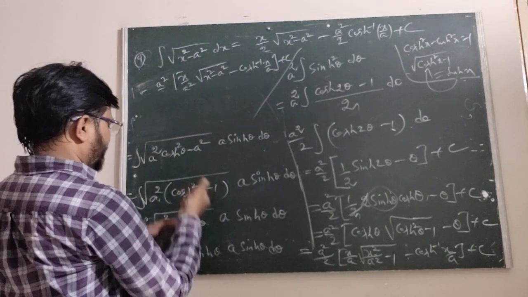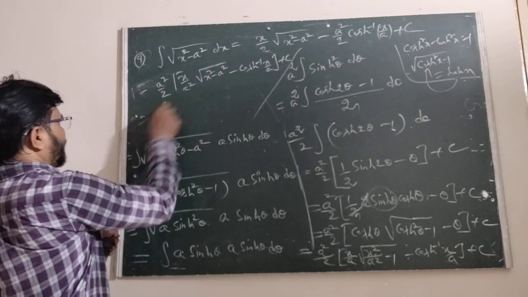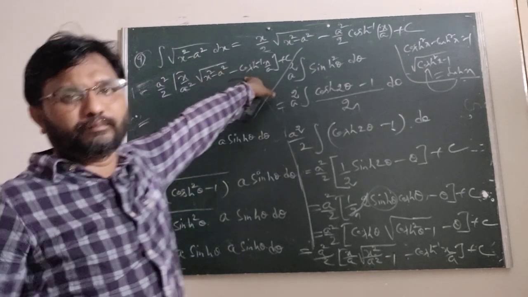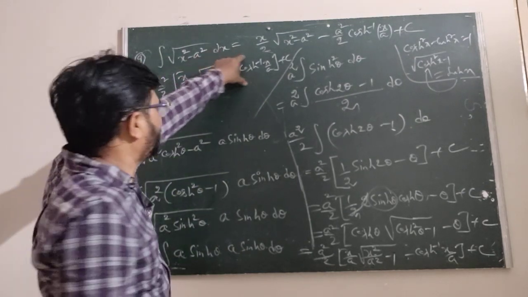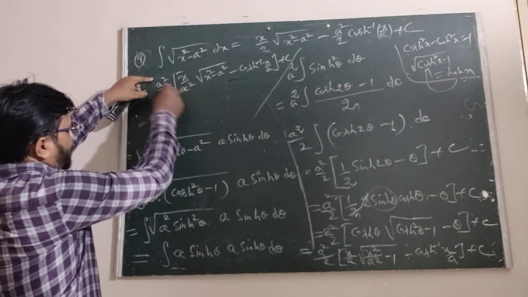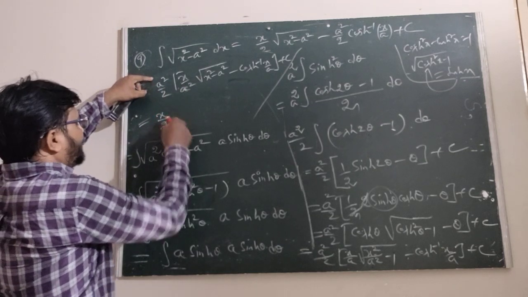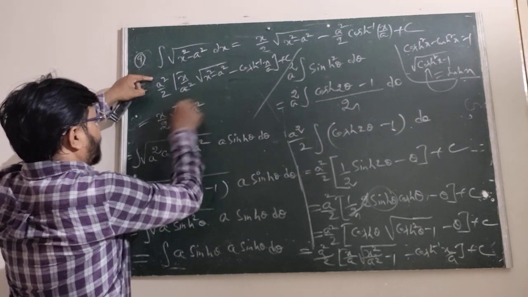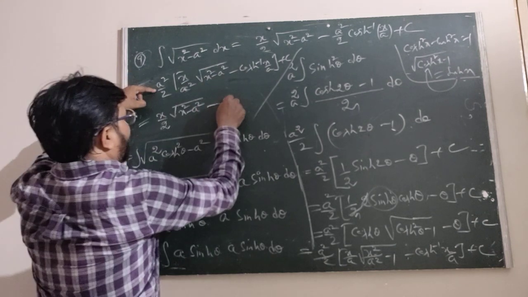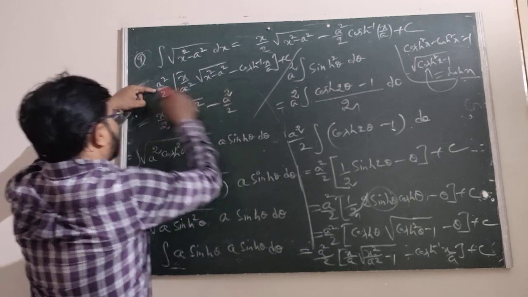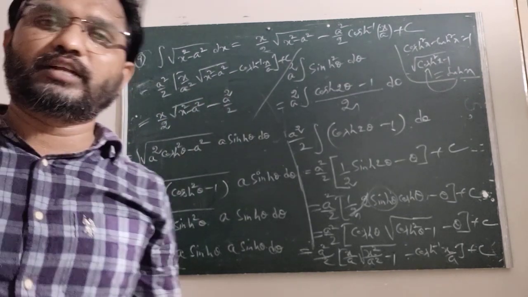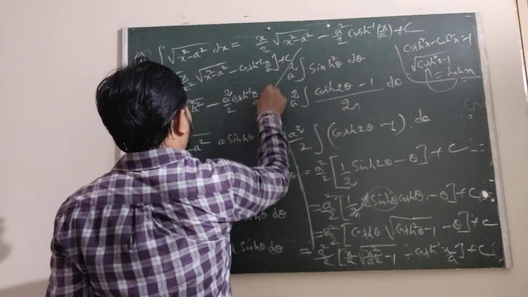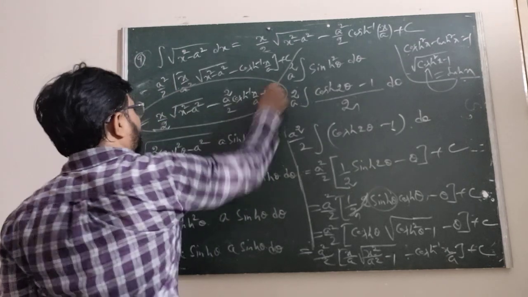Therefore, now we can write: a square by 2 is multiplied with this complete term. These two are cancelled. We are getting x by 2 times the square root of x square minus a square, minus a square by 2 times cosh inverse of x by a, plus c, the final integral constant.